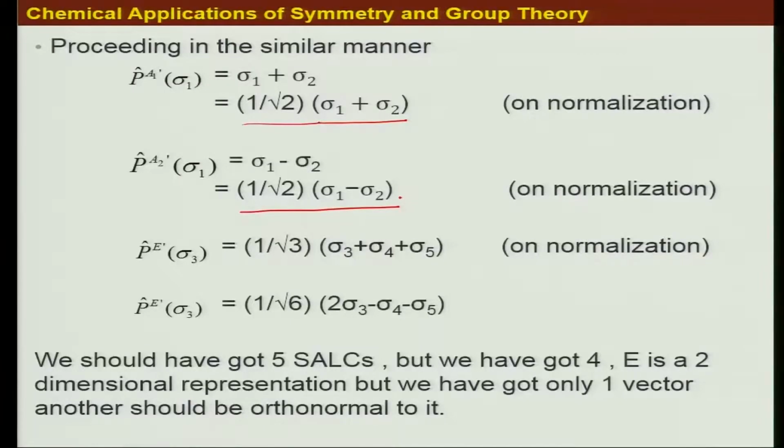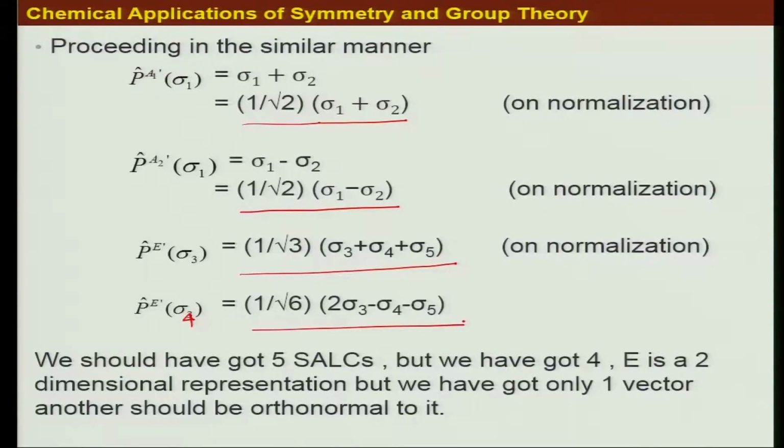Now when we apply it on sigma 3, so we form a basis for E prime, we form a projection operator for E prime, and then we get a function, an orthogonal function, and we normalize this and get another SLC. And when you operate on sigma 4, we get another SLC.